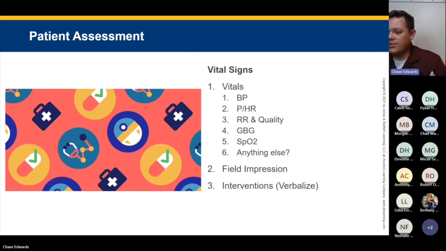All right. So what would you like to do? What type of interventions? You always have to verbalize those proper interventions and treatment when you're doing it. So the only thing we could do would be giving oxygen. Okay. And since we're EMTs, we can't really give insulin, right? Right.